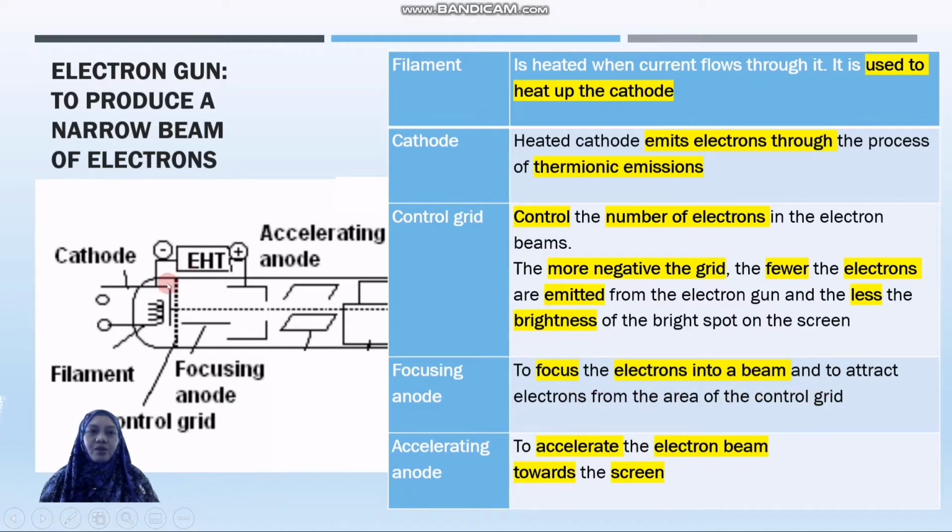So the electrons emitted from the cathode will be assembled in a straight line by the focusing anode. Okay? And the fifth component is called the accelerating anode. This accelerating anode is used to accelerate the electron beam towards the screen. So the electron beam will move at a higher speed towards the screen.